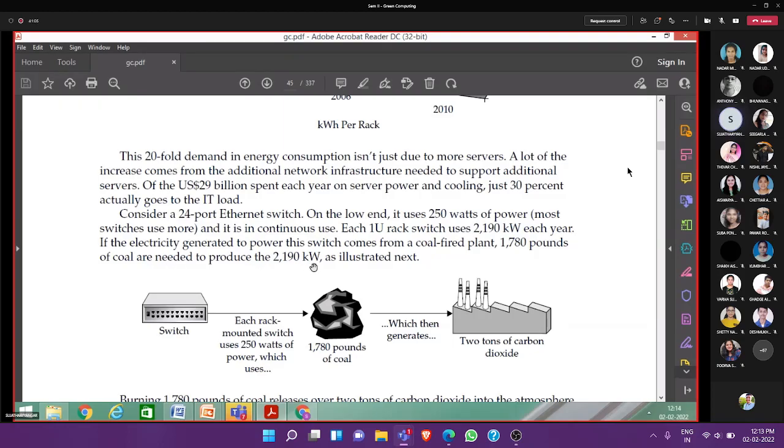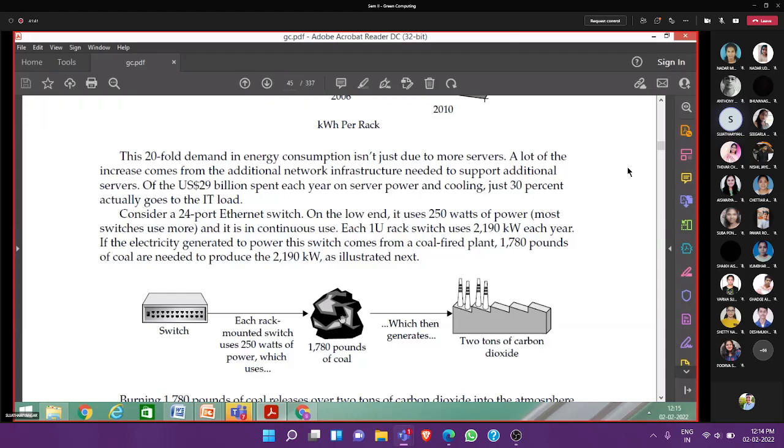Okay. So for 1 unit rack, the switch which is being used, this switch uses 2000 kilowatt per year. For this 2000 kilowatt power generation, just for this switch, we need 1780 pounds of coal. Okay.